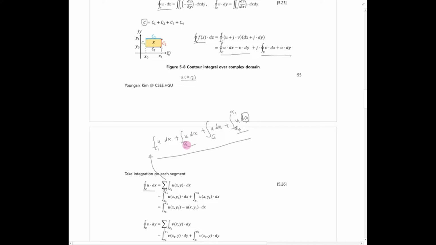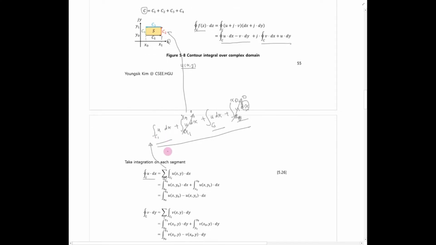This one is x0, x0. So C2 is this one, x0, x0. Sorry, this one is x1, x1. The x1 and x1 is this part, and the x0 and x0 is this part. So segments C2 and C4 vanish. x doesn't change, so we have only 2 segments remaining with non-zero value.